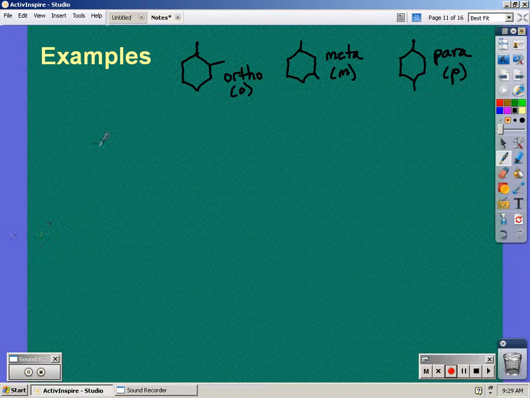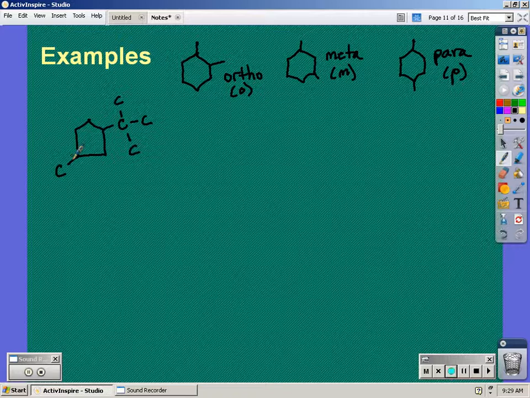Alright, so for example, if we have this structure, where we have hydrogens coming off all of those carbons so that they have 4 bonds. Our longest chain of carbons would be the cyclic compound. We have 2 side groups coming off.